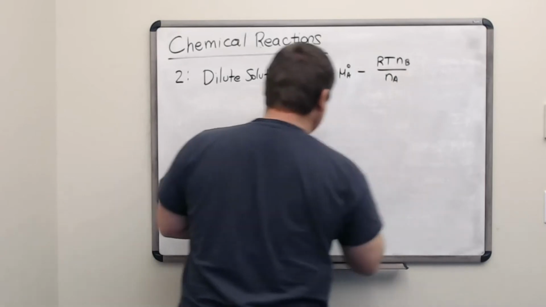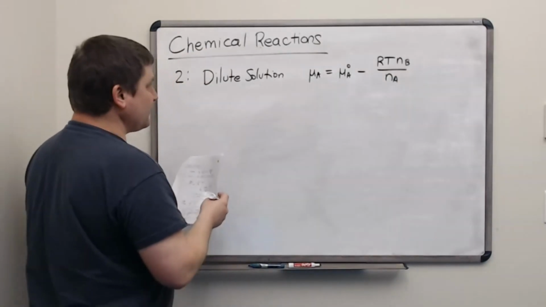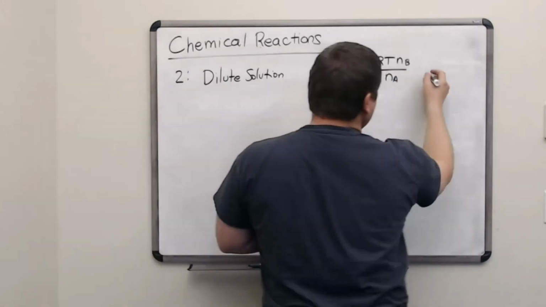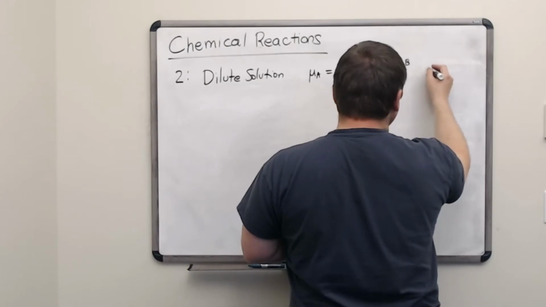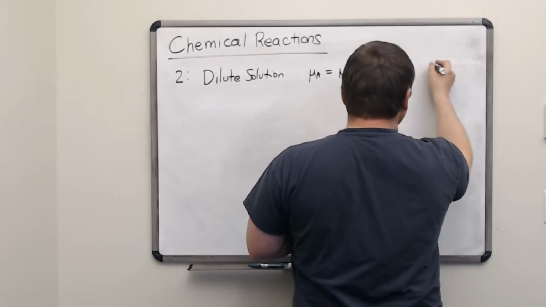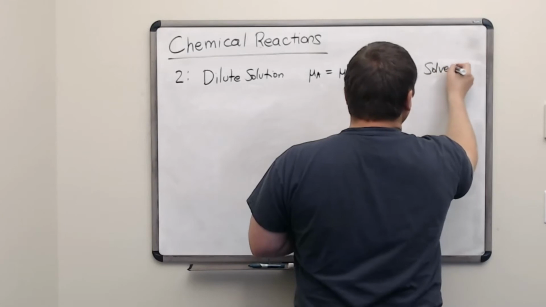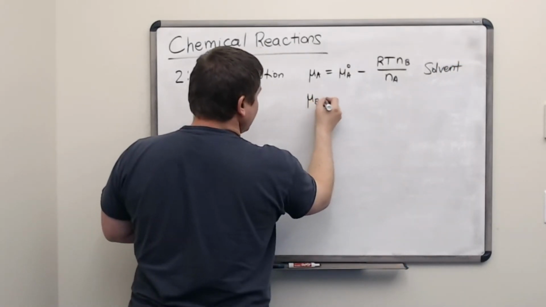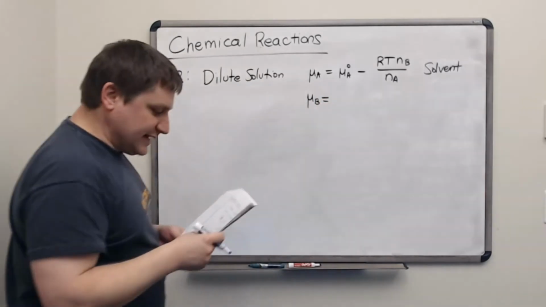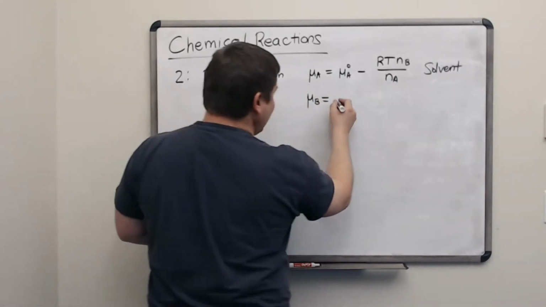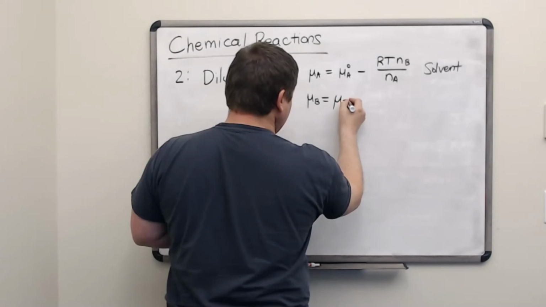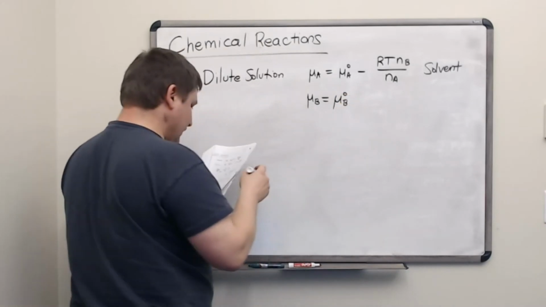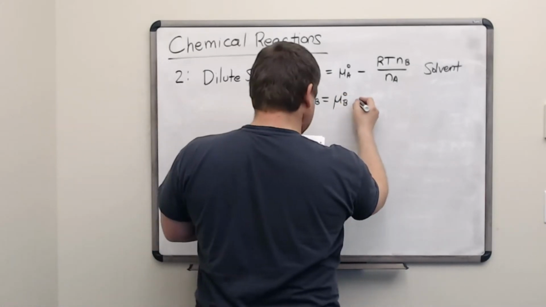And I won't repeat that here, we'll just state the results. So the chemical potential here with the subscript A is for the solvent. And that's usually not what we're interested in in a chemical reaction. We're interested in the things that are dissolved, which are the solutes.